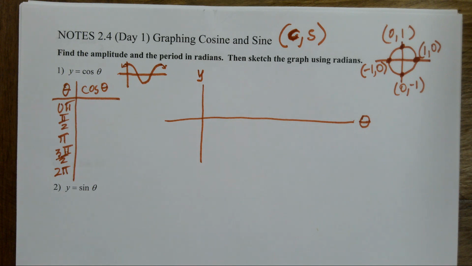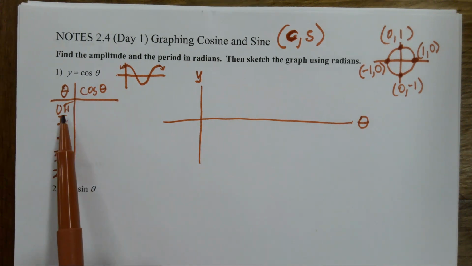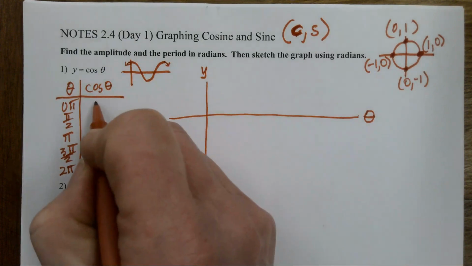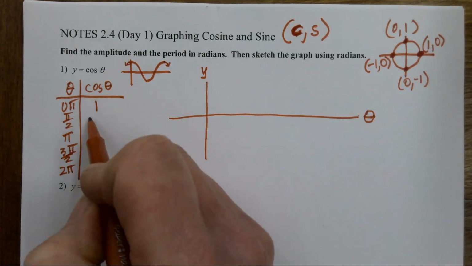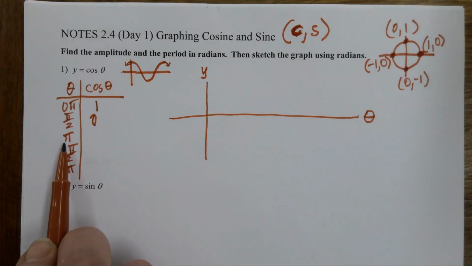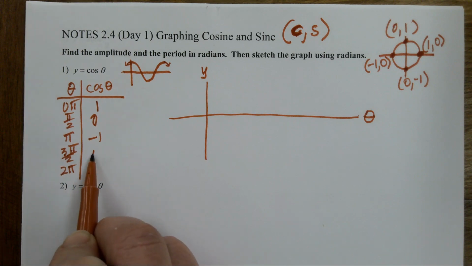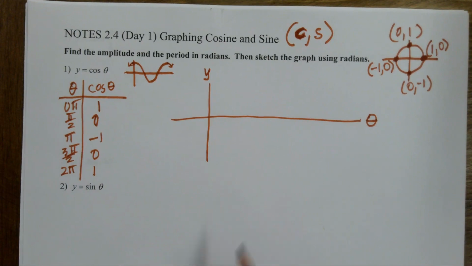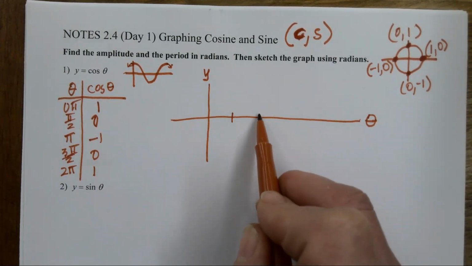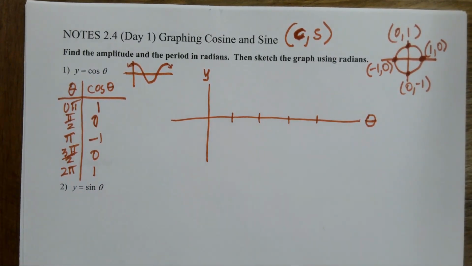So what is the cosine of 0 pi? 1. What is the cosine of pi over 2? Cosine of pi. Cosine of 3 pi over 2. And cosine of 2 pi. So I'm going to add my values. I always do 4 tick marks, I call them, on my theta axis.